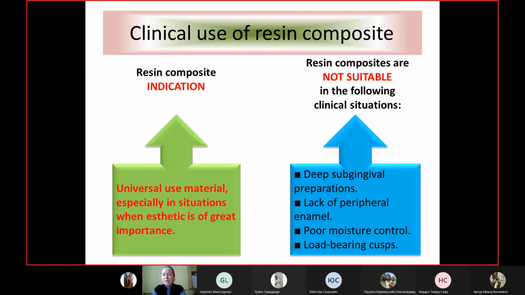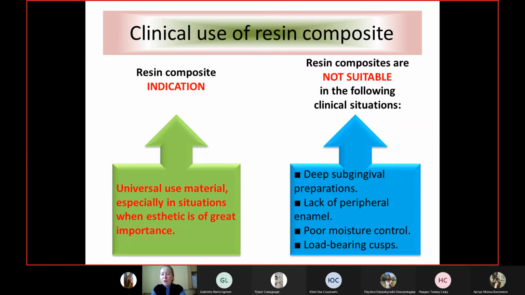Lack of peripheral enamel. It means that this material can't stand occlusal forces because they are strong, and actually if opposing tooth will press on such restorative material, there could be a fracture of the tooth or even the fracture of the root. That's why they can't be used as the core build-ups.